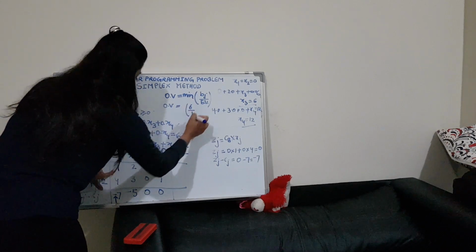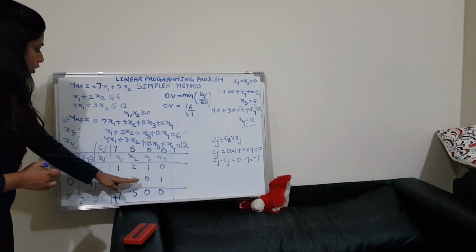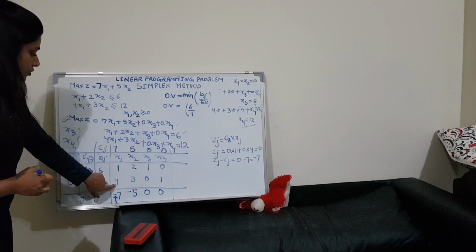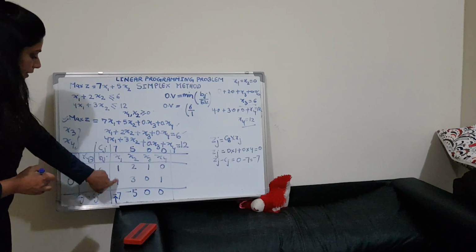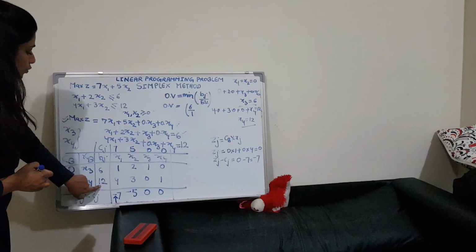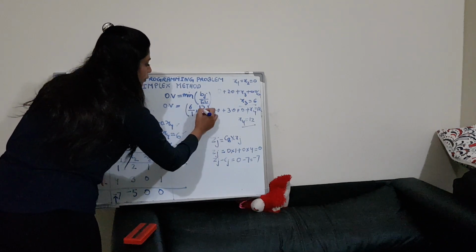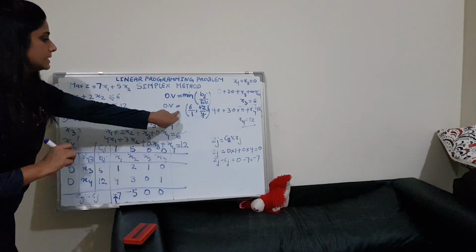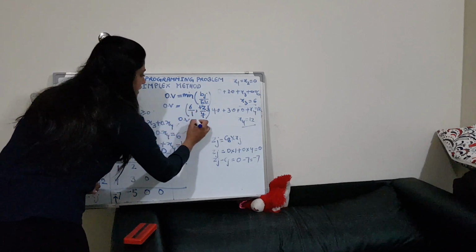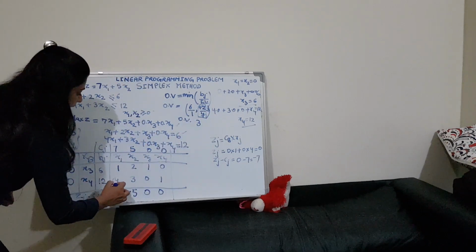And for the second row, 12 Bj upon entering vector. The entering vector value for the second row is 4. So 12 by 4. So from here we are getting 6 and 3. In 6 and 3, 3 is the minimum. So we get the outgoing vector from the second row, 12 by 4. We will make a box here.